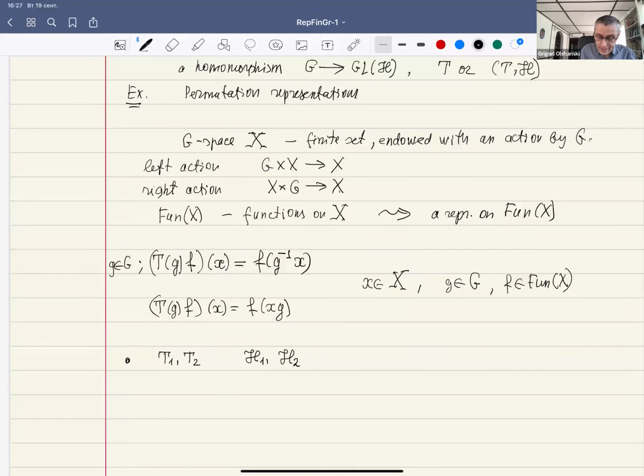We can produce the direct sum, which acts on the direct sum of the spaces in a natural way. So this gives us the direct sum of two representations. And likewise, we can produce the tensor product acting on the tensor product of our spaces.